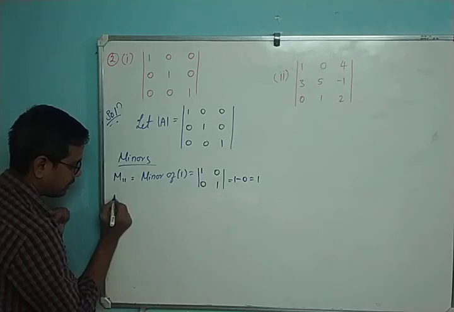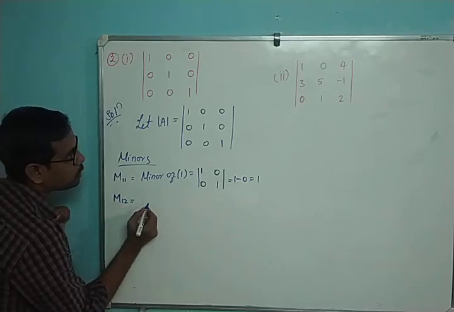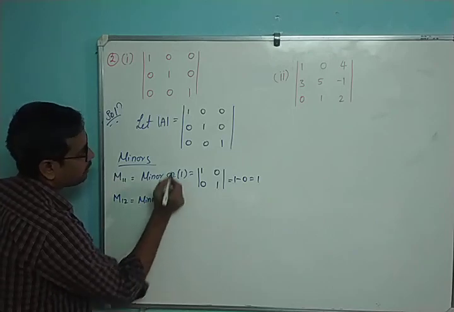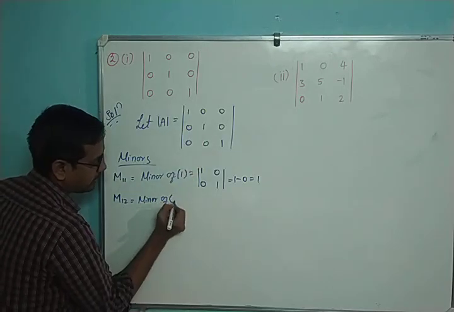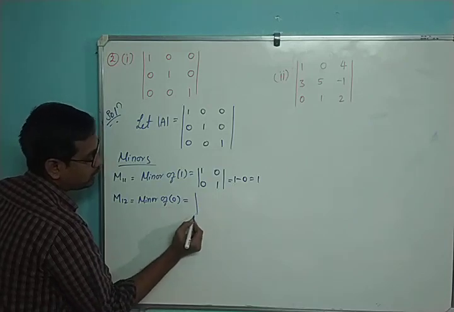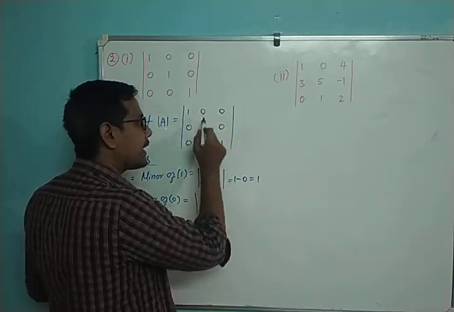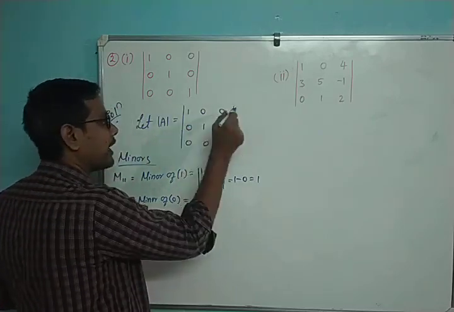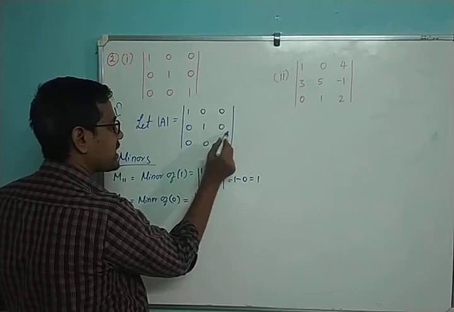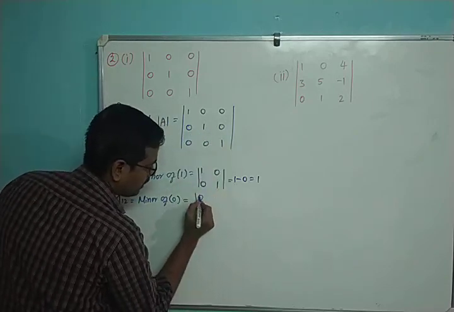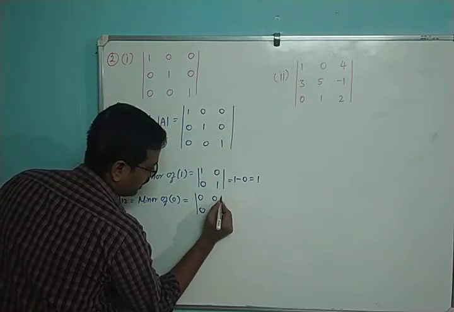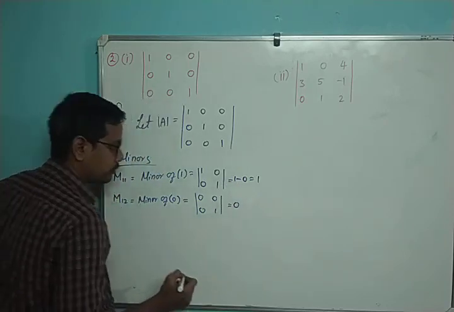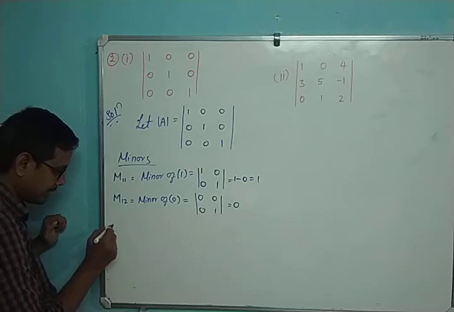Next, M12 is minor of this particular 0. So leave the row and column containing this 0. This 0 is there in first row and second column. So if I eliminate first row and second column, what will be left? 0 0 0 1. That is nothing but 0.